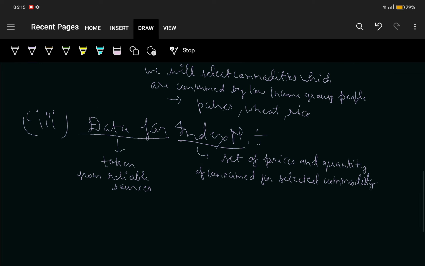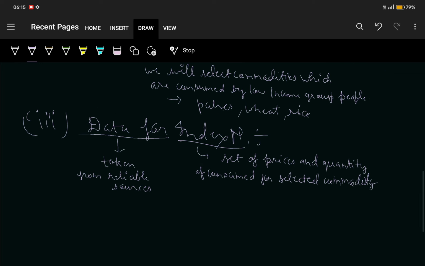Base year is the period with which comparison is to be made. Index for base year is always taken to be 100.